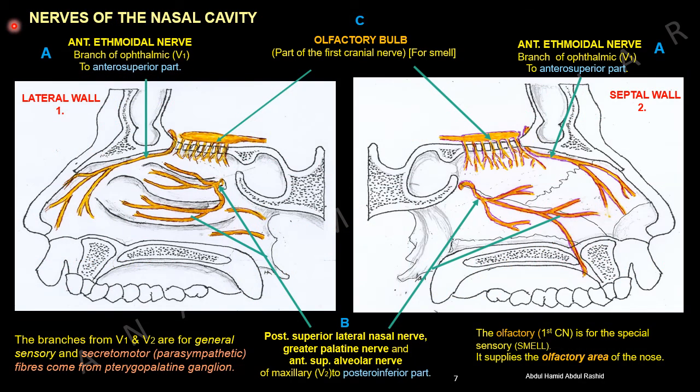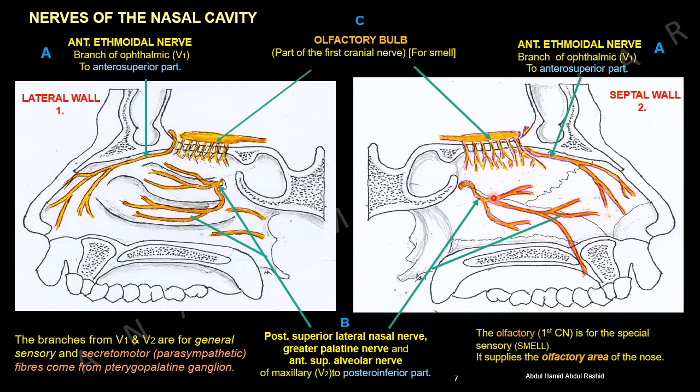Nerves of the nasal cavity. In this slide, we have two diagrams. This is the lateral wall of the nose and this is the medial septal wall of the nose. As we have stated earlier, the anterosuperior part of the nose developed from the frontonasal prominence and its nerve is the ophthalmic division of the trigeminal nerve, and its branch is the anterior ethmoidal nerve, which supplies this anterosuperior part of the nose.